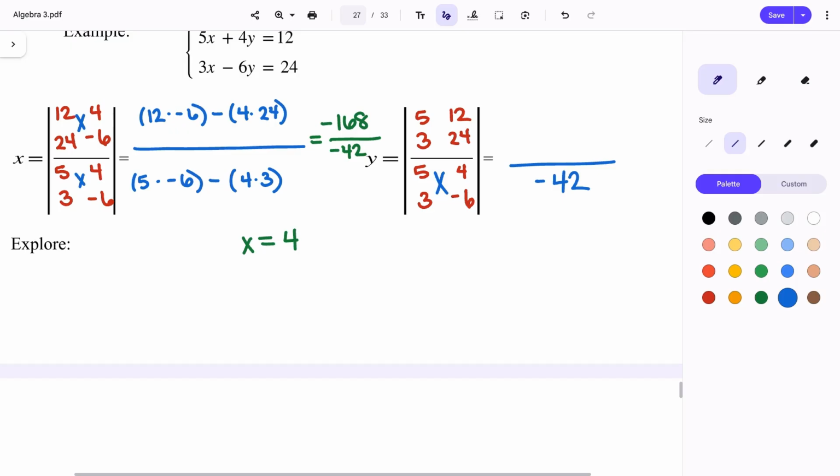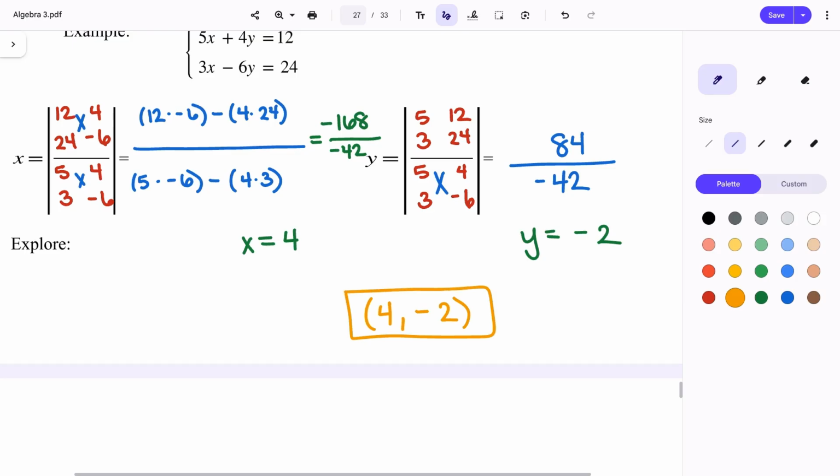What does that number come out to be? 84. So then we're going to take 84 divided by negative 42. So what's your y? Negative 2. And then I'm going to write it as an ordered pair, 4 comma negative 2. There's my answer.